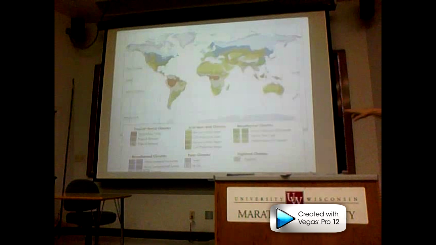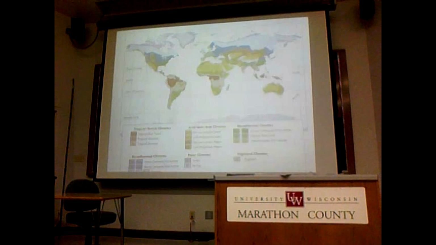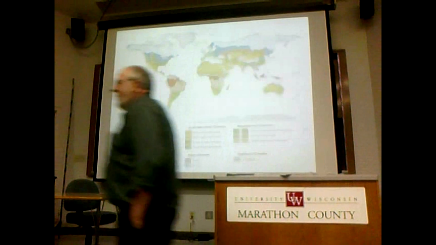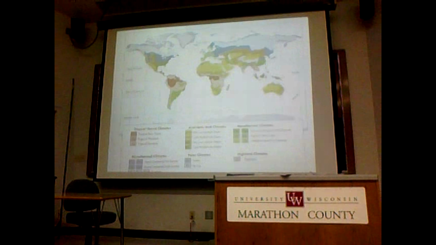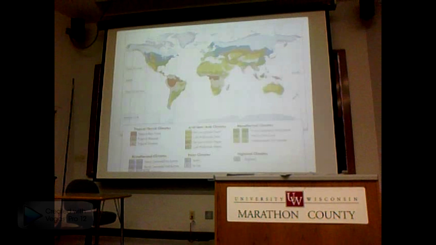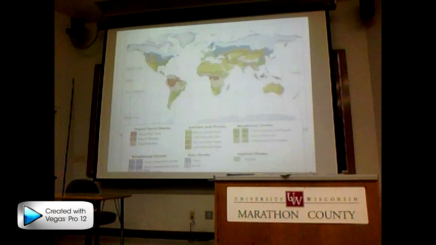In the tropical monsoon and the tropical savanna, the winter really is a dry season. But let's look at the rainforest. What can you tell me about rainforest? A lot of water, okay, I'll buy that. But not an extreme amount. Rainforest is typically about 80 to 150 inches of rain per year.